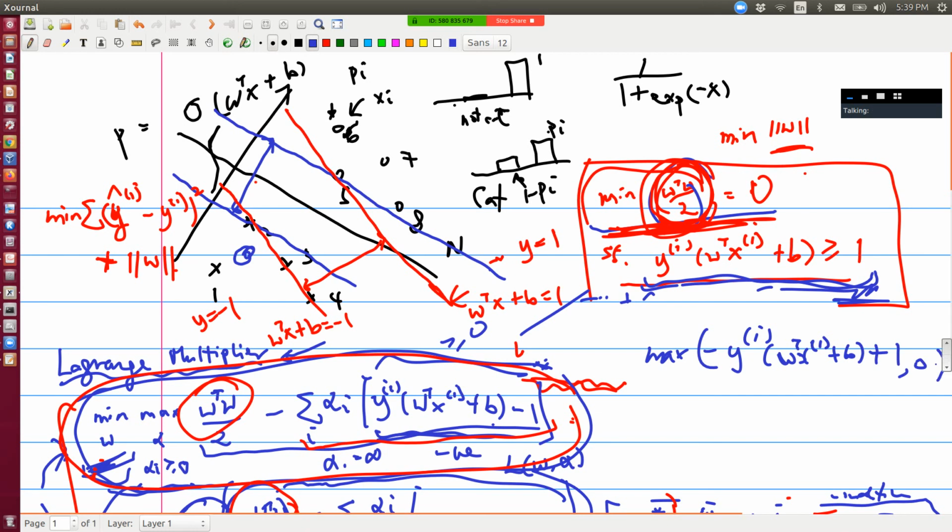It kind of makes sense, right? If this constraint is satisfied, then this will be negative, so my loss will be equal to 0. And if this constraint is not satisfied, then this will be positive, so we'll have a positive loss there. So I can add this: instead of trying to minimize this alone, I minimize this plus some constant multiplied by this term here.